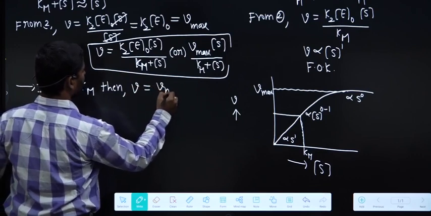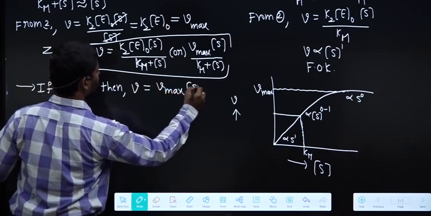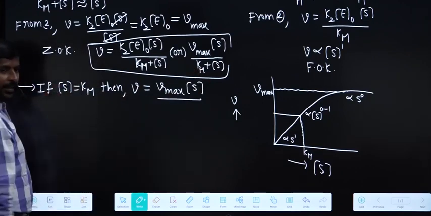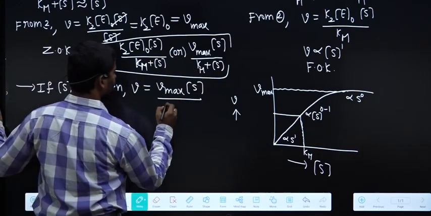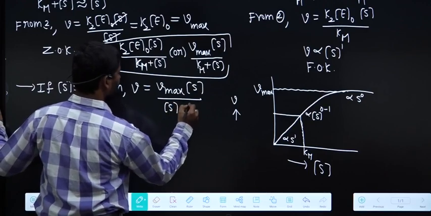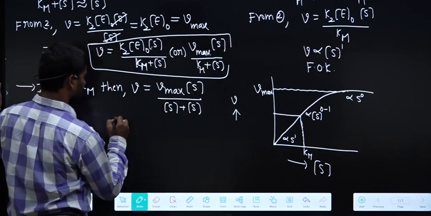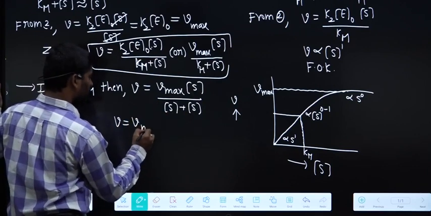V is equal to V max into concentration of S by Km plus concentration of S. In the place of Km I am writing concentration of S. So concentration of S plus concentration of S, 2S we are getting. S and S get cancelled. So therefore V is equal to what we get?